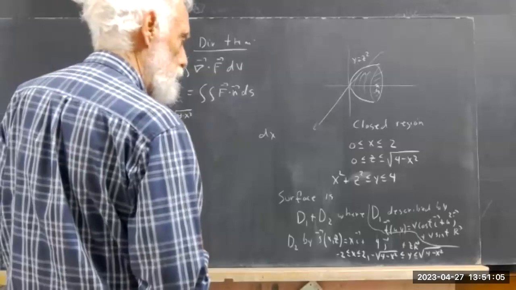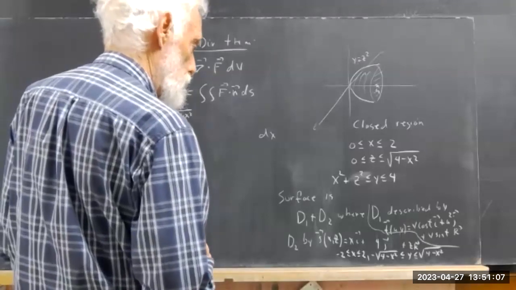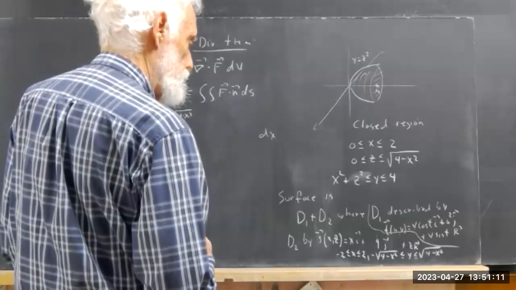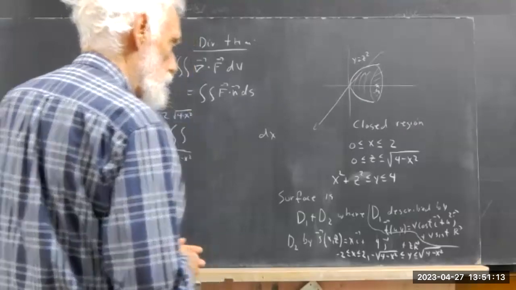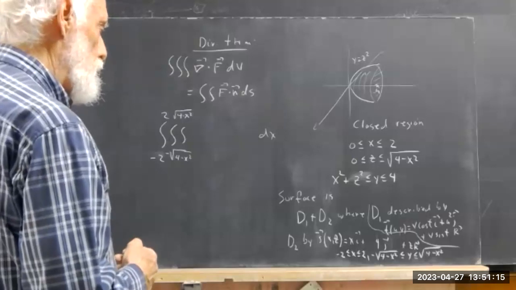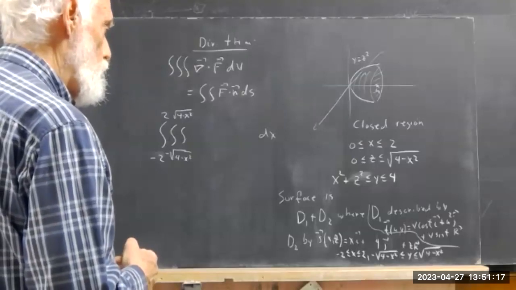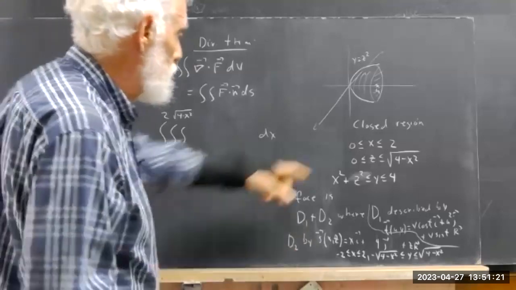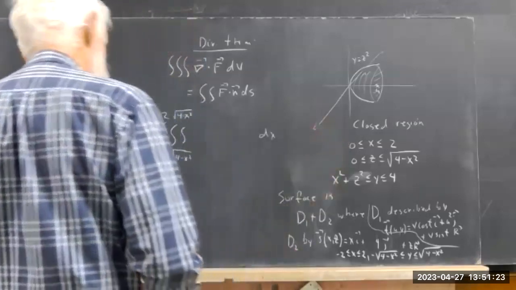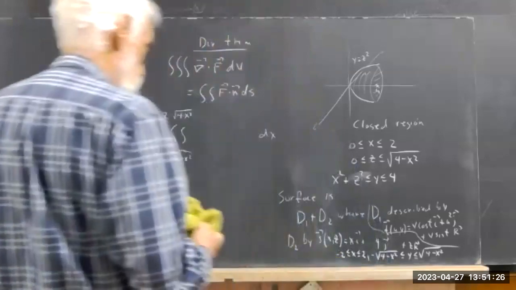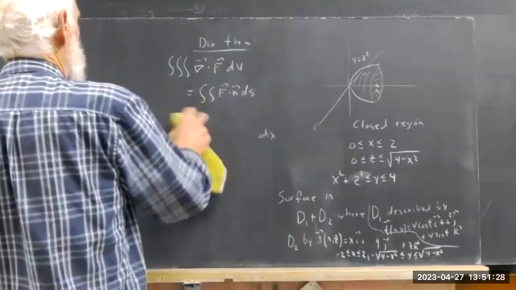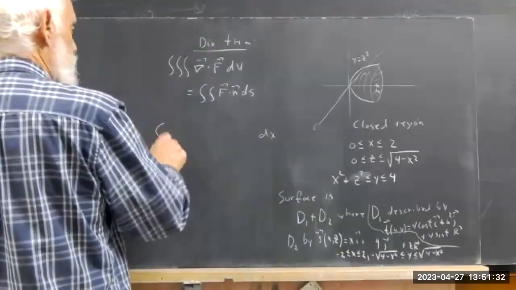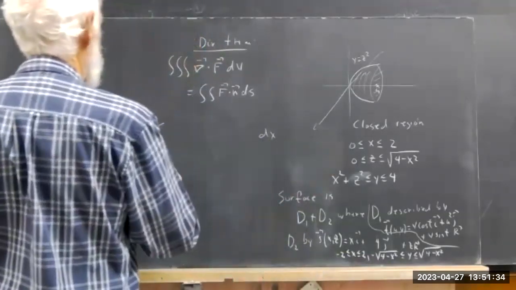It's not negative square root of 4 minus x squared to square root of 4 minus x squared, because I'm doing the wrong intervals here. Looking at this, x goes from 0 to 2.